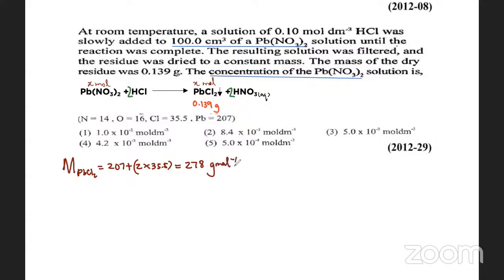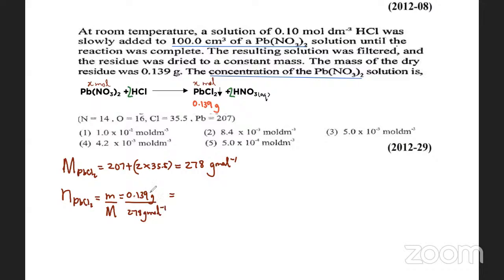Good news, 278 is double of 139. We know the mass of lead chloride, so we can find the number of moles of lead chloride, which is mass over molar mass. Mass is 0.139 grams over 278 gram per mole.